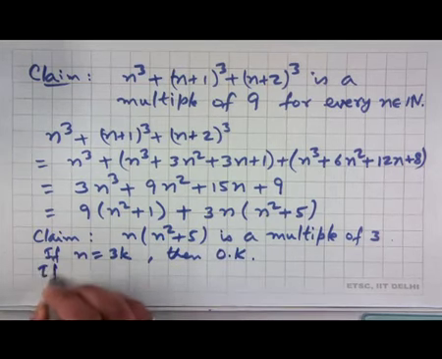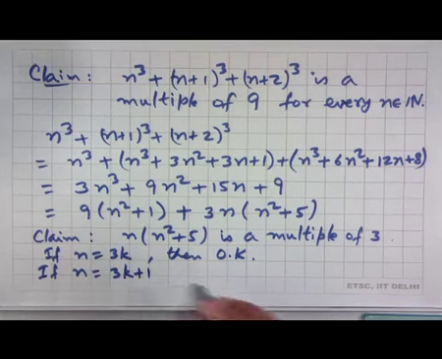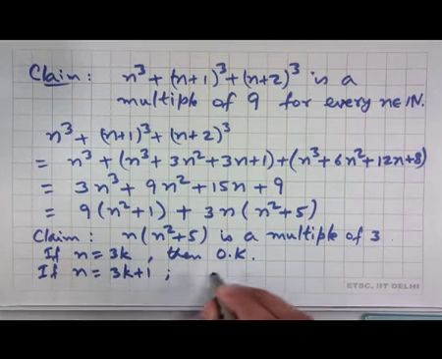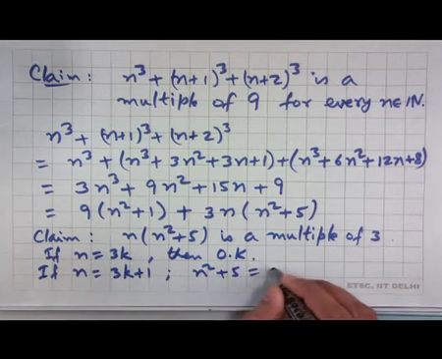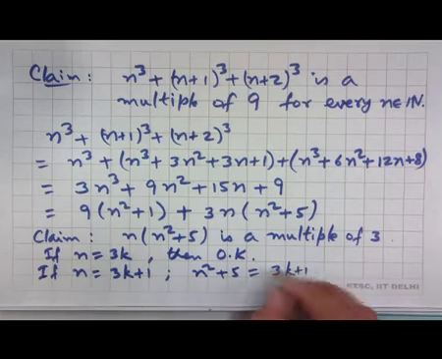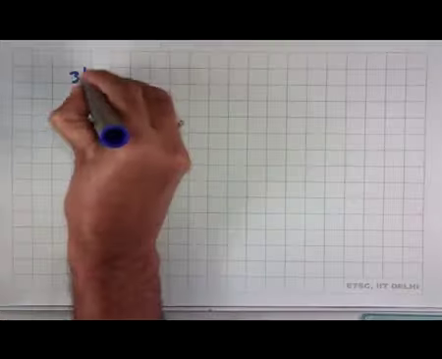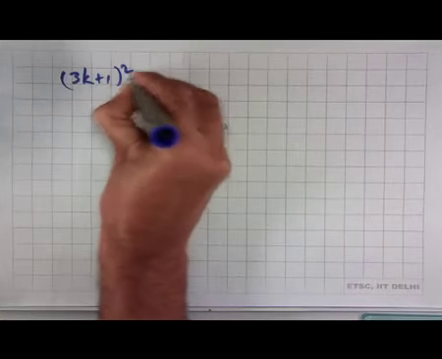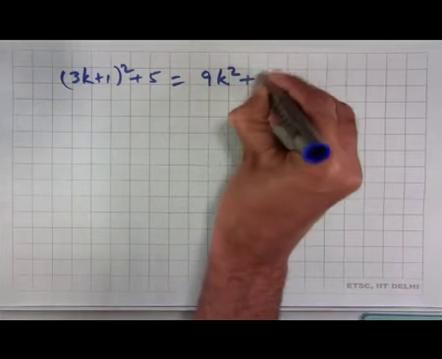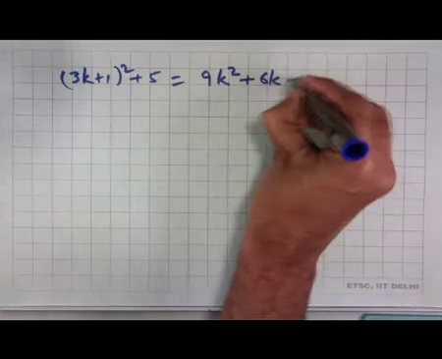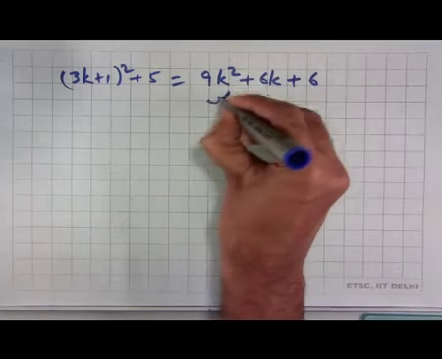If n is 3k plus 1, then n square plus 5 will be (3k plus 1) square plus 5, which is equal to 9k square plus 6k plus 6, and this is a multiple of 3.